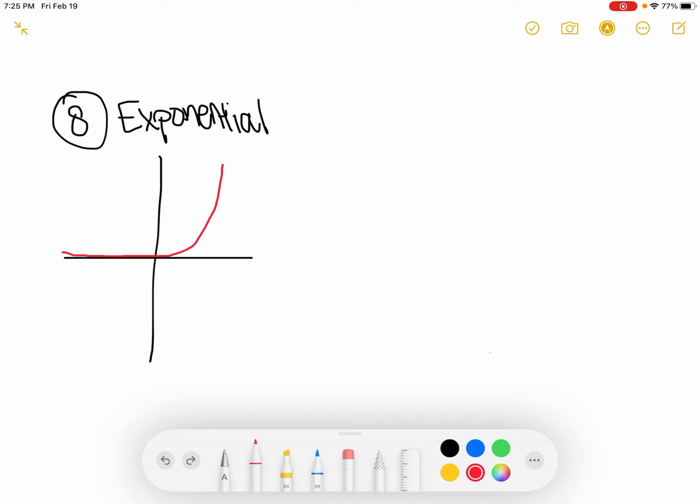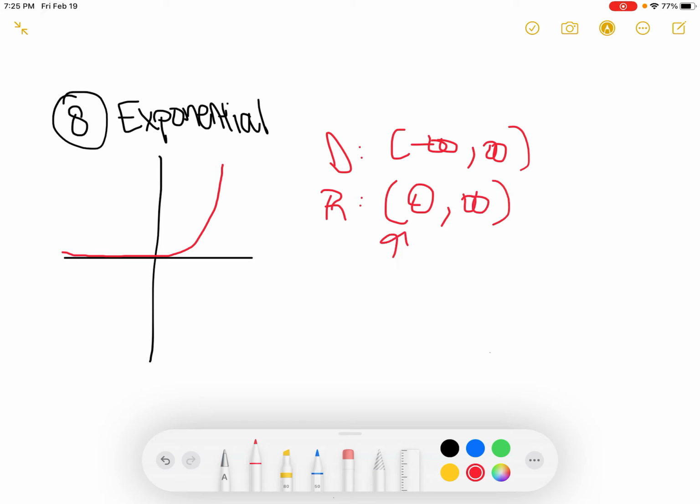So the domain is going to be negative infinity to positive infinity for this one. And the range is going to be 0 to infinity, not including 0 because it never does touch it. And it never goes below 0, so it's just 0 to infinity.